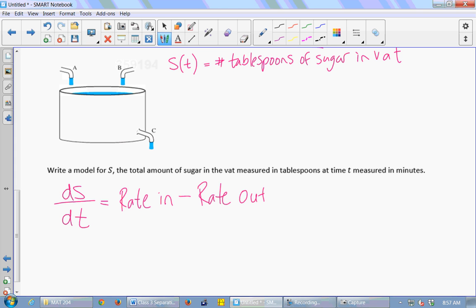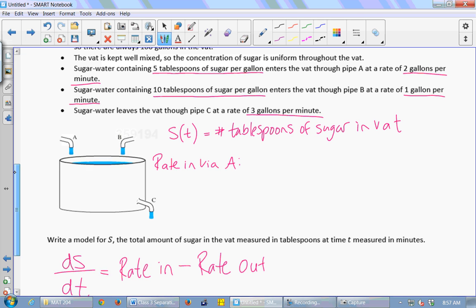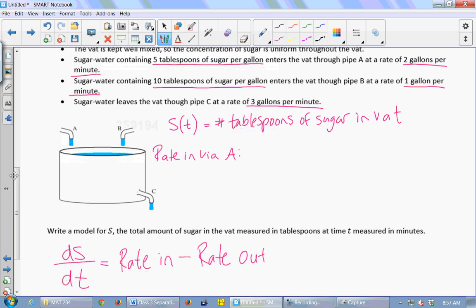All right, so let's look at the rate in via pipe A. Oh, the units are definitely going to matter. So if I'm looking for dS/dt, what should the units on dS/dt be?